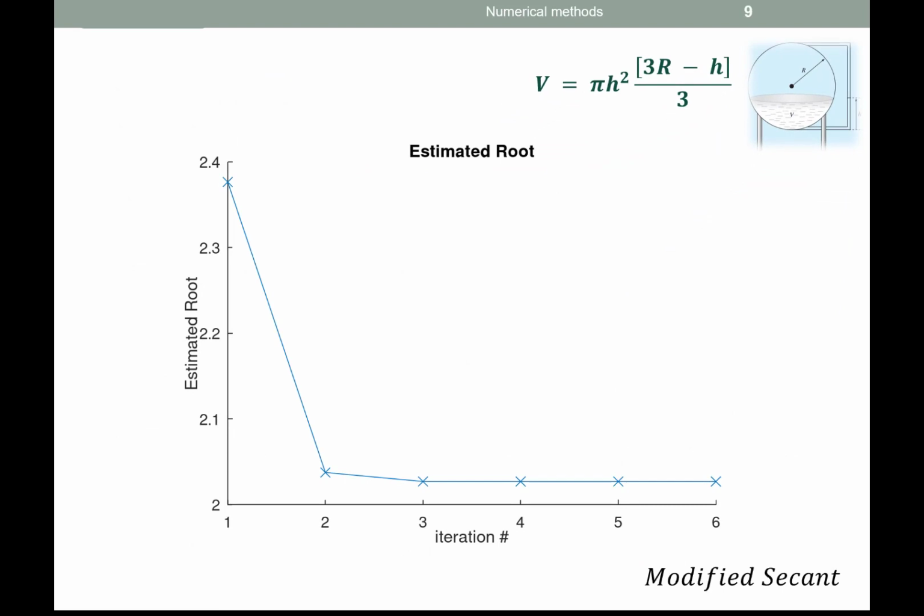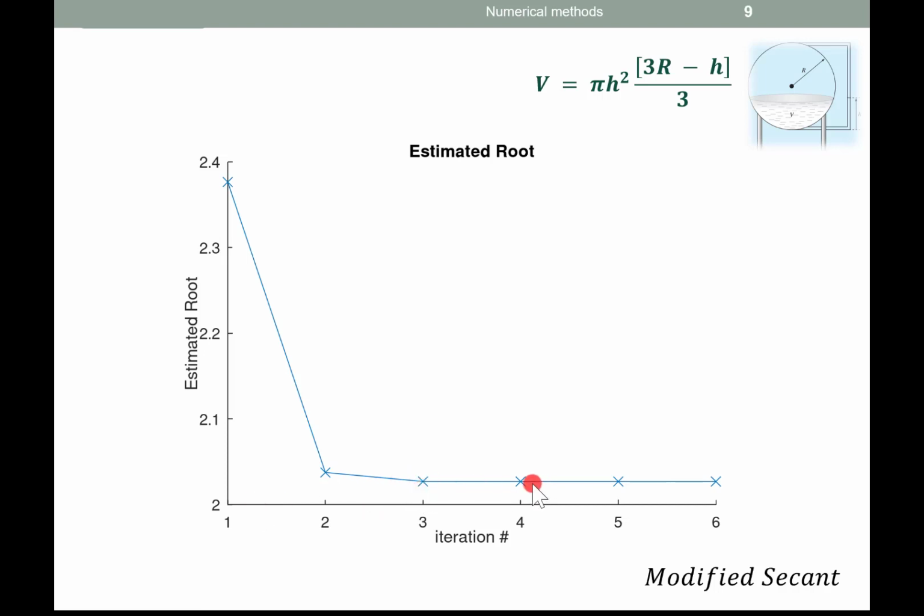Here what I have is basically the graphs that I kind of showed you last class, where we see the estimated root over the different iterations. So here initially, it was estimated above 2.3 and then went down to closer to 2.